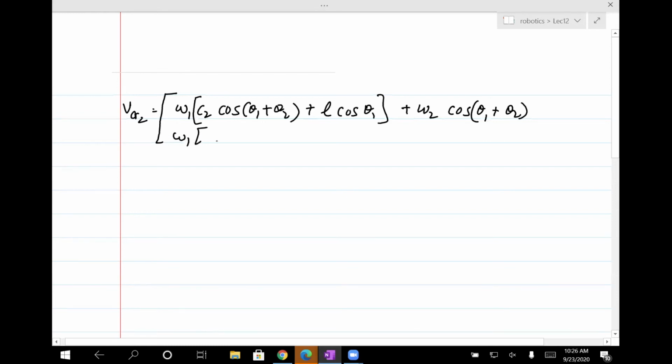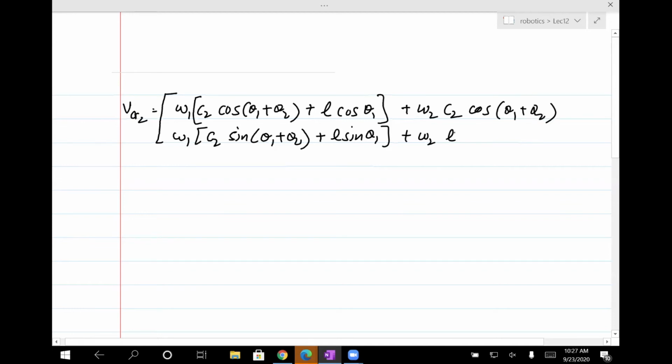Then the y velocity is omega 1 times C2 sine(theta 1 plus theta 2) plus L sine theta 1, plus omega 2 C2 sine(theta 1 plus theta 2). I was missing a C2 in a couple of places. Okay, so check this.